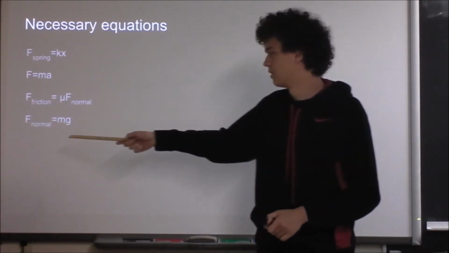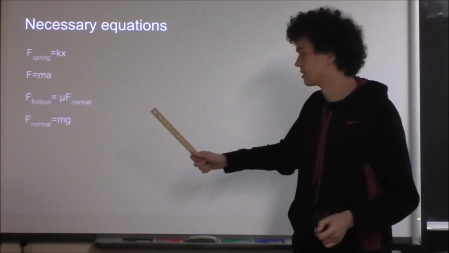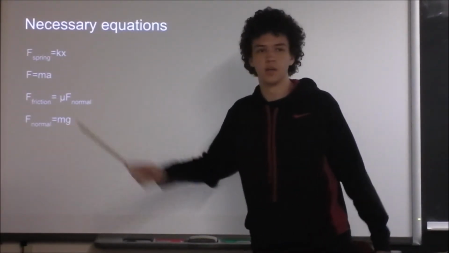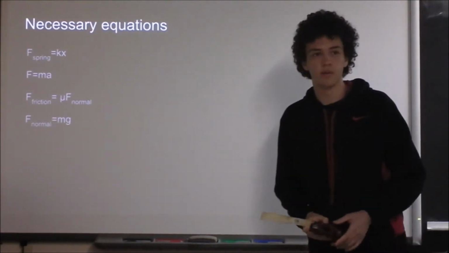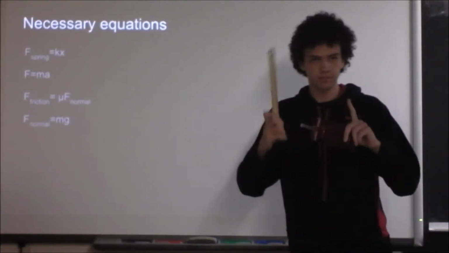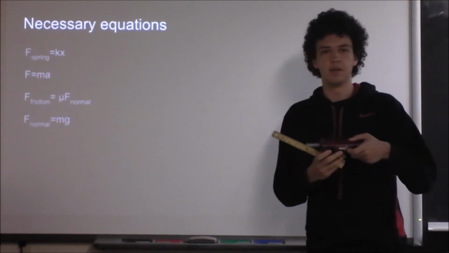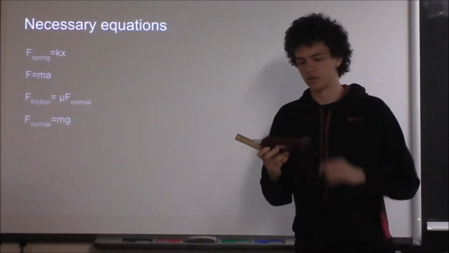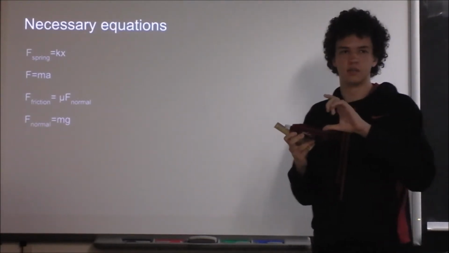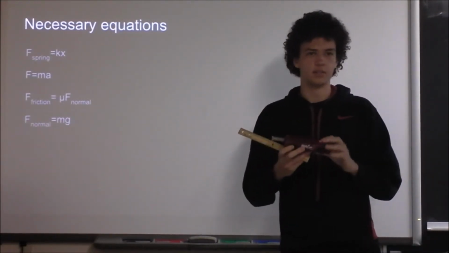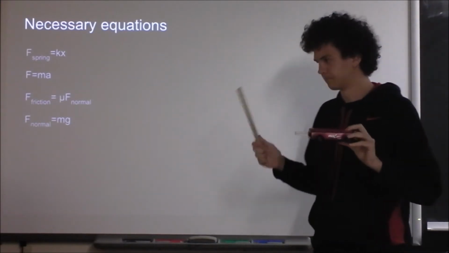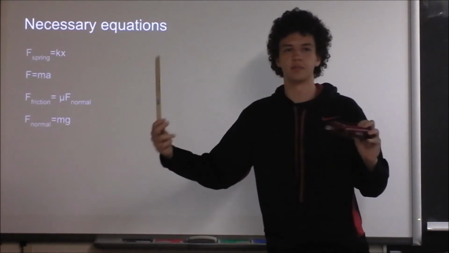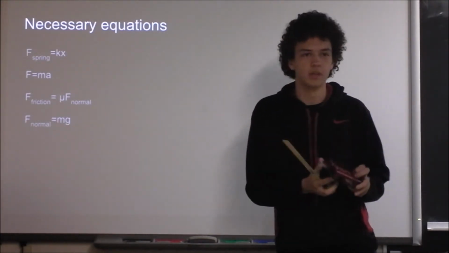And specifically for this one, the normal force is equal to mass times gravity, because if you draw out a free body diagram, it would be stationary in the up and down direction, meaning the net force on it is zero, and the only two forces acting on it are the normal force and gravity. So the normal force would just be equal to the force of gravity in the opposite direction, so m times g.